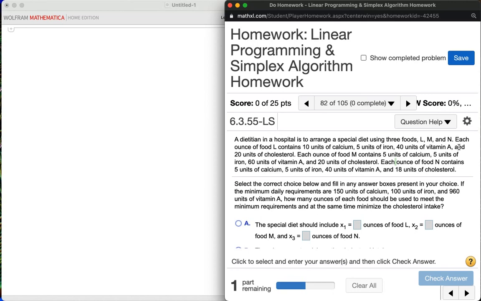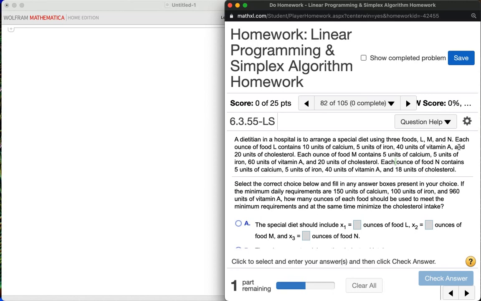That's a little confusing when it says just minimize the cholesterol intake. So if we're going to minimize the cholesterol intake, that means, well, we're going to have a cholesterol. Let me see here, one moment.